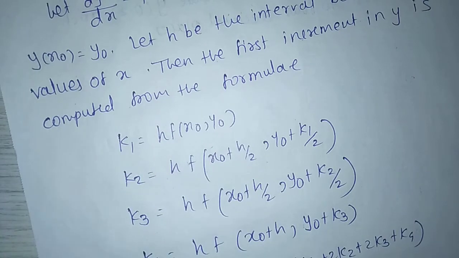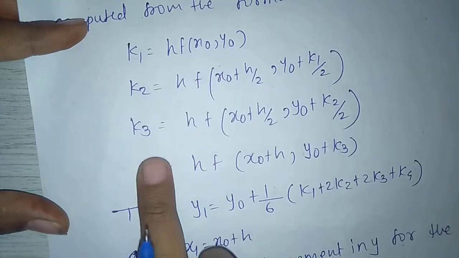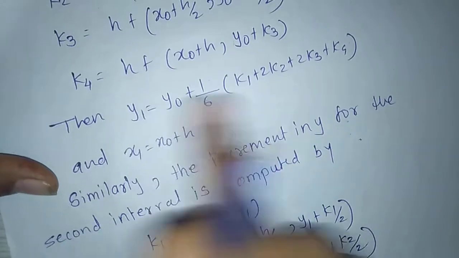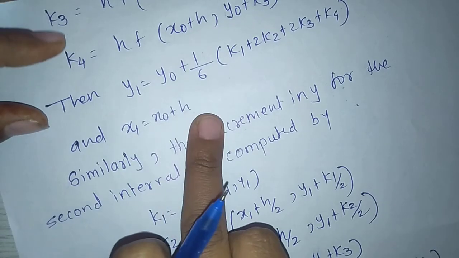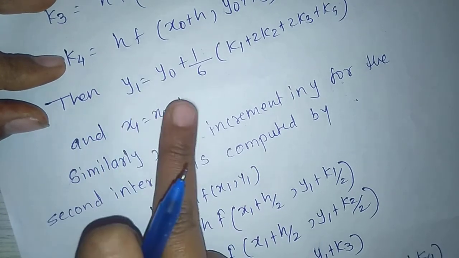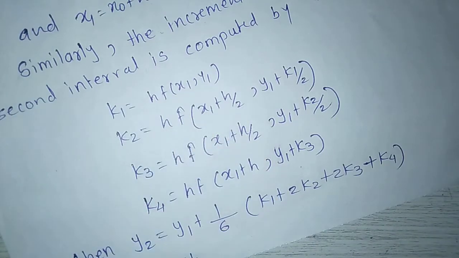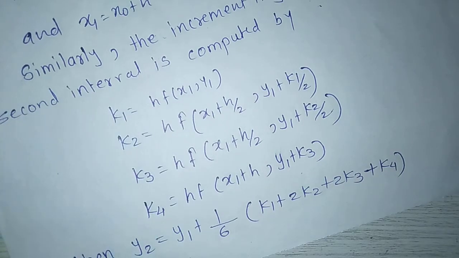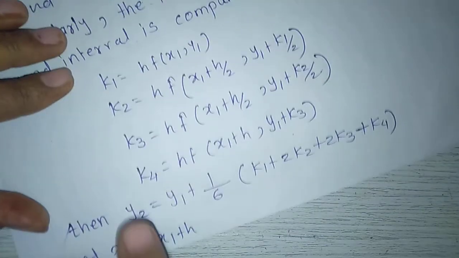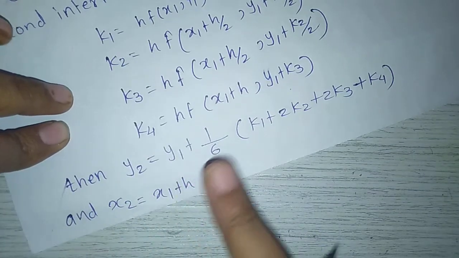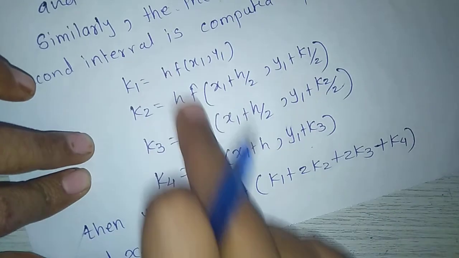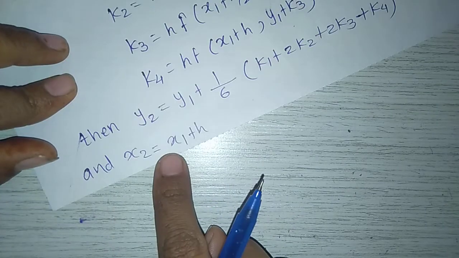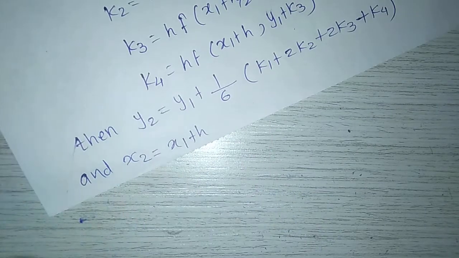Here the interval is x naught, y naught, so the values of k1, k2, k3, k4 are these. Then y1 equal to y naught plus 1 upon 6 into k1 plus 2k2 plus 2k3 plus k4, and x1 equal to x naught plus h, meaning y1 is y at x1. Here the interval is x1, y1, and the values of k1, k2, k3, k4 are these, and y2 equal to y1 plus 1 upon 6 into k1 plus 2k2 plus 2k3 plus k4, and x2 equal to x1 plus h, meaning y2 is y at x2.